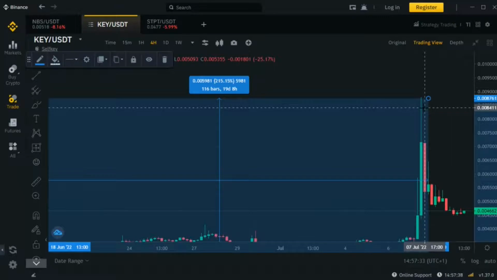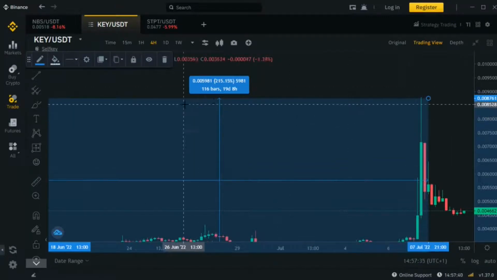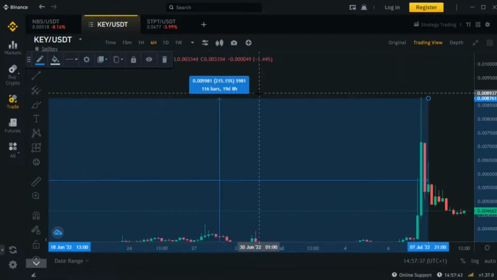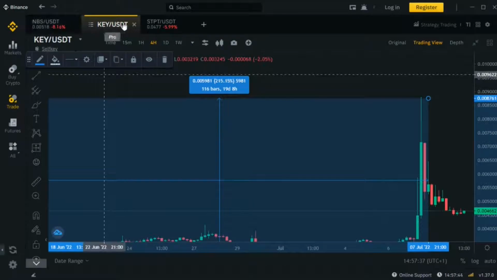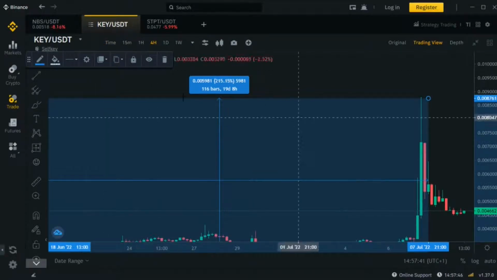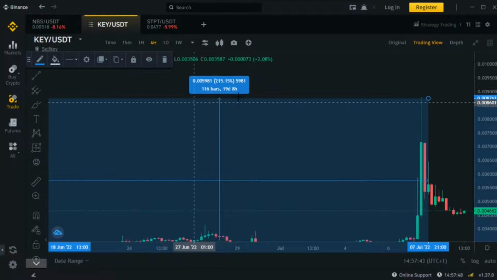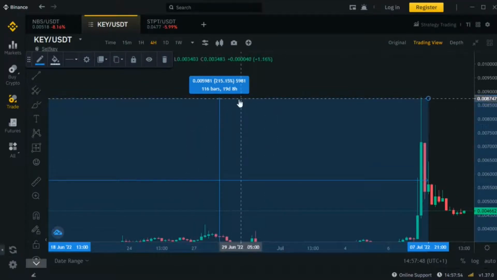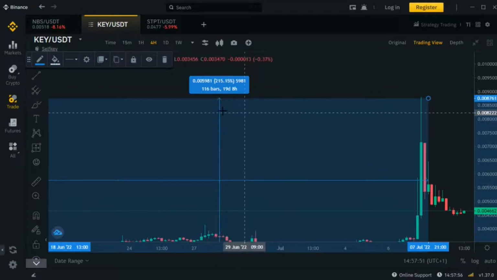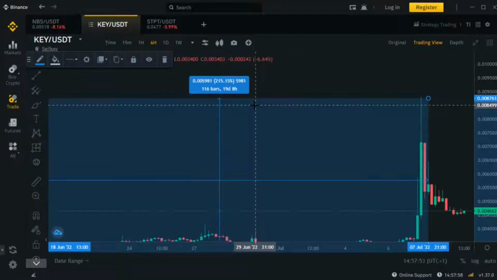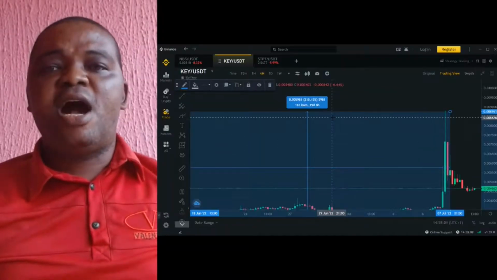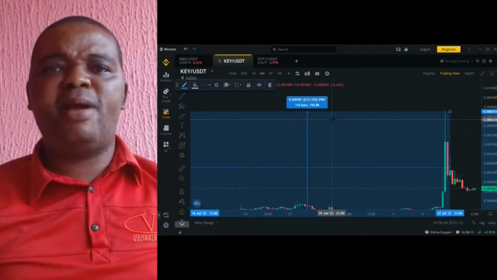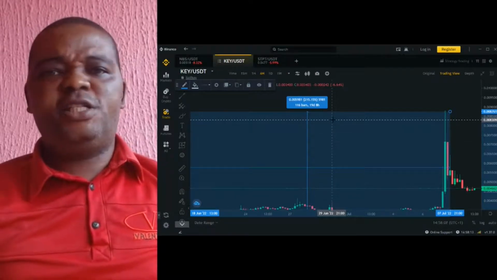So as you can see on the candlestick price chart data, the most current bullish trend section of the KEY USDT cryptocurrency pair bounced up by approximately 215% over the course of 19 days, 8 hours, which is an amazing bounce already. The question is, how much money can you potentially make as profit going long on this bullish trend section?